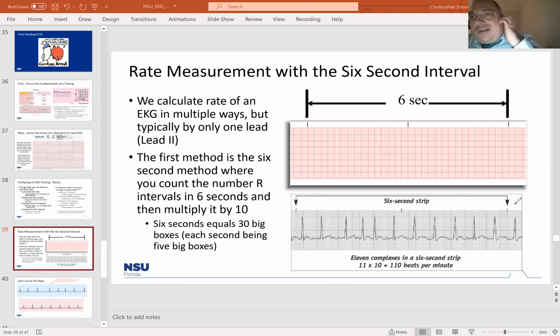So it gets a little tricky when you're going to calculate an irregular rhythm as far as the heart rate goes, because the heart rate's constantly changing. You'll see a patient and you put them on the EKG monitor, and the number on the monitor will be like 98, 197, 62, 148, 42, 212, right?